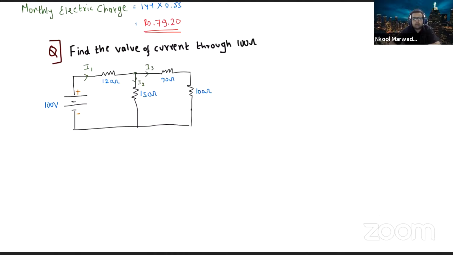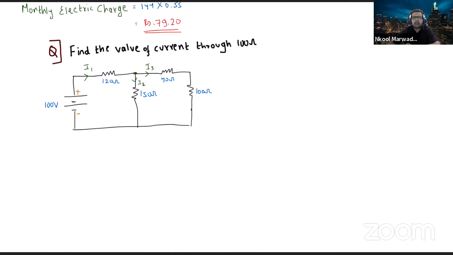And for both 40 and 100, the current will be the same, I3. This is I2, this is I3, and we have to find I3.